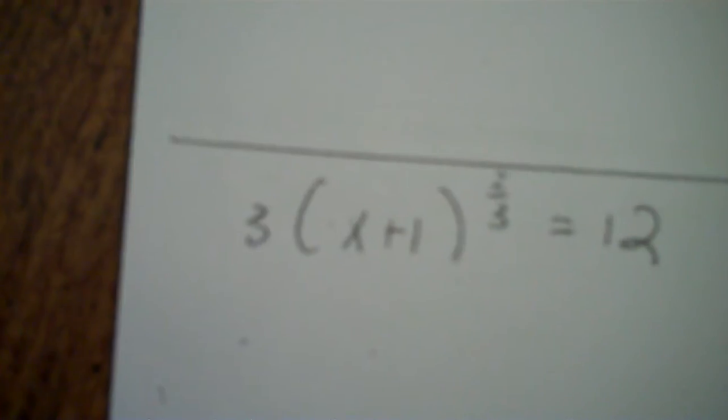Next one, same idea: 3 quantity x plus 1 to the 2/3 power equals 12. So we're going to replace that with h. So h has a multiplier of 3, and then it's to the 2/3 power equals 12. Then after I've replaced that, I make a table, and I put x plus 1, just put it on both sides.